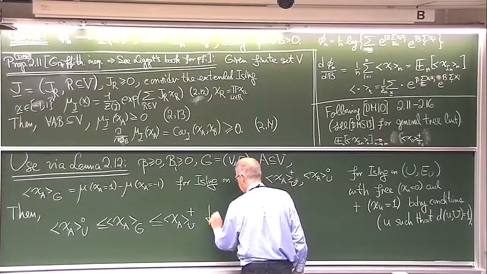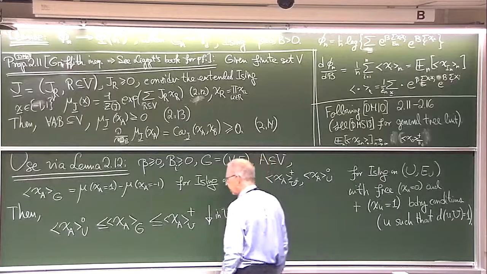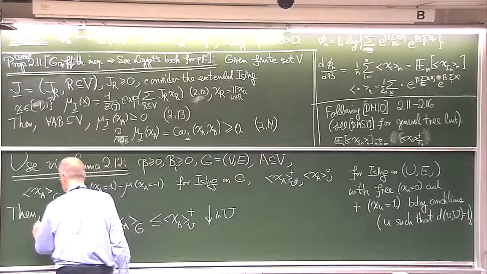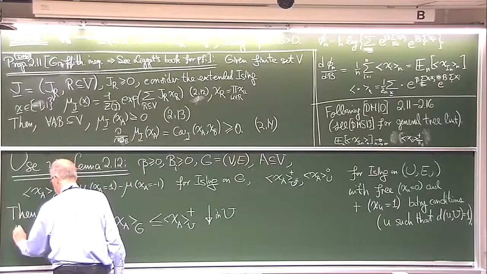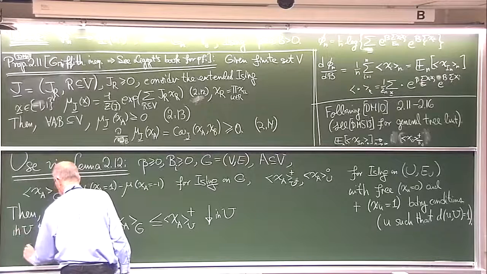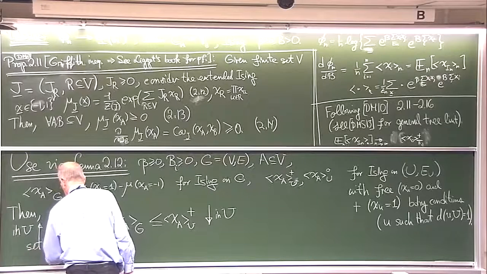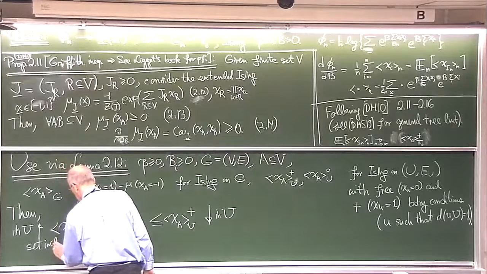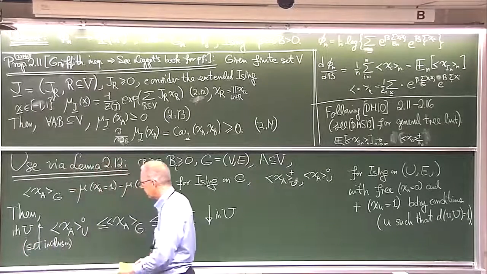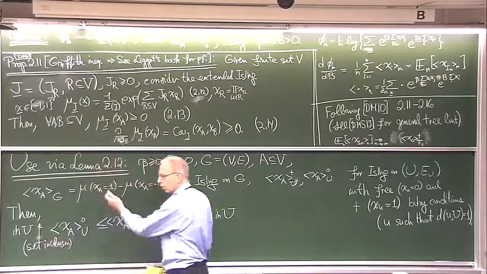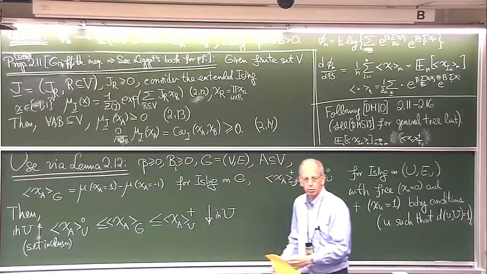This will go down in U, and this one will go up in U, and this is with respect to the inclusion order on U. So as you increase the set U, your lower bound goes up, and your upper bound goes down.